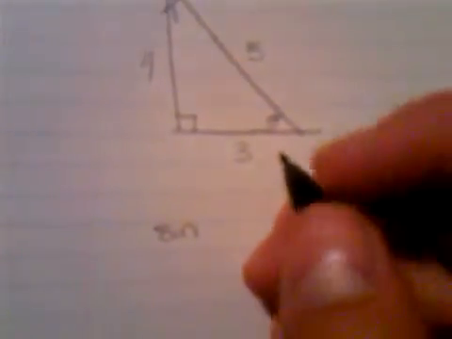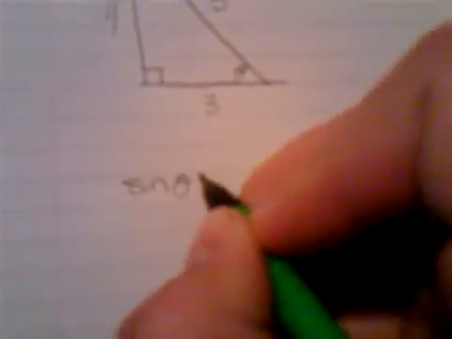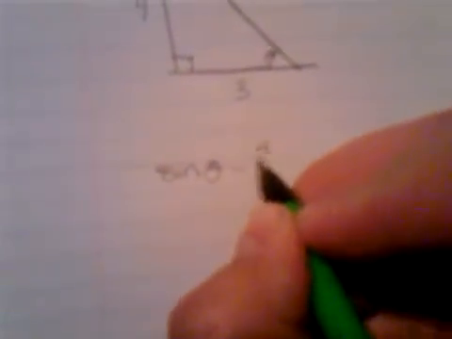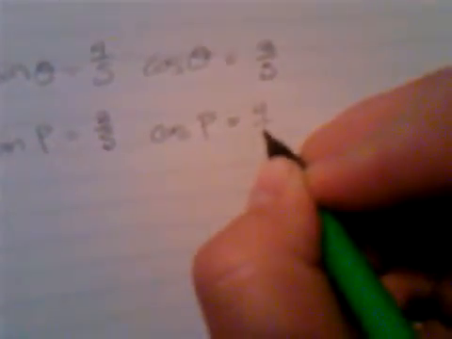The sine of theta is equal to the opposite over the hypotenuse, so that's equal to 4/5, and the cosine of theta is equal to 3/5. The sine of pi is equal to 3/5, and the cosine of pi is equal to 4/5.